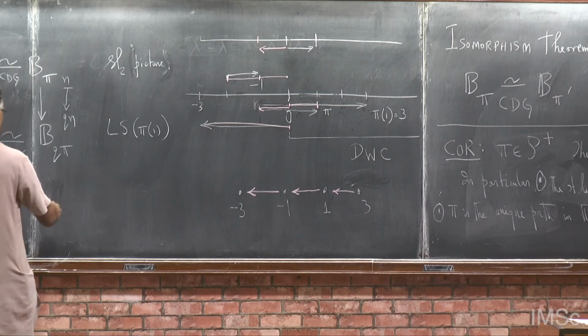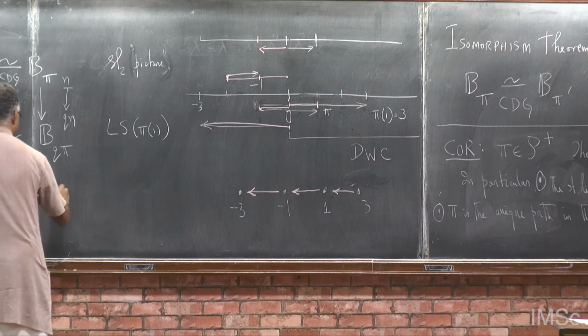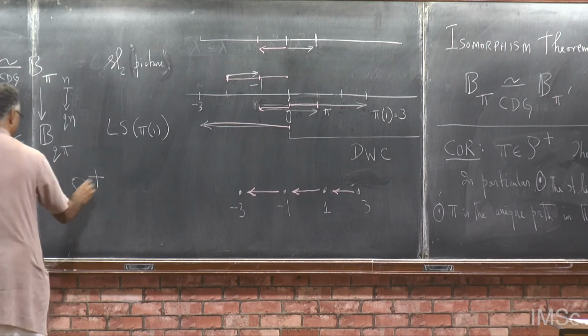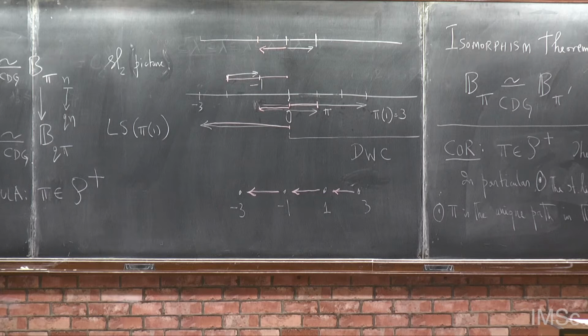So the character formula is, right? Okay. Let pi be in P plus. Very important again that the image lies entirely in the dominant Weyl chamber. Okay? Character of B pi. Okay? So what do I mean by that? I have to define that, right?